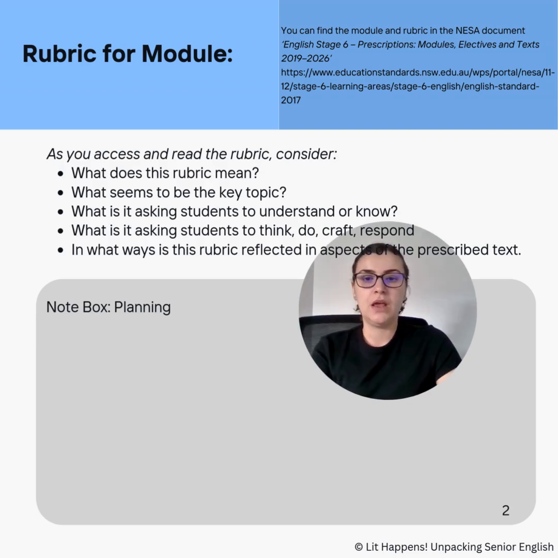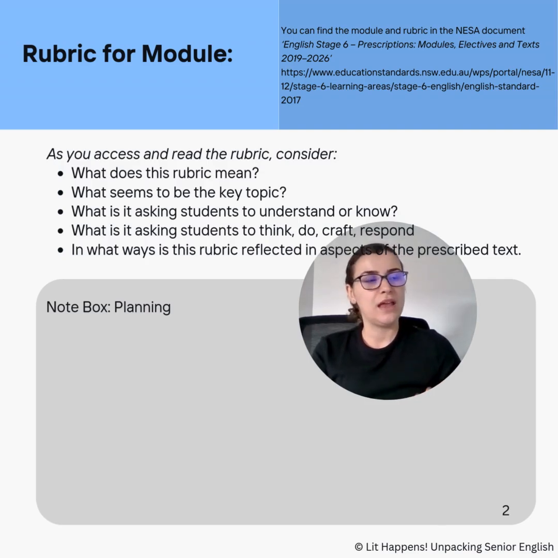Another thing that you might like to do is actually break down the sentences or the key statements into what it's asking students to understand or know, versus what it's actually asking them to think or do or craft.